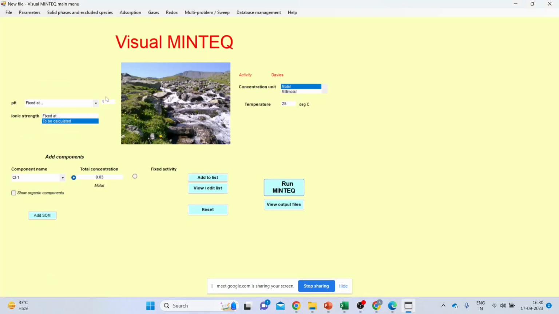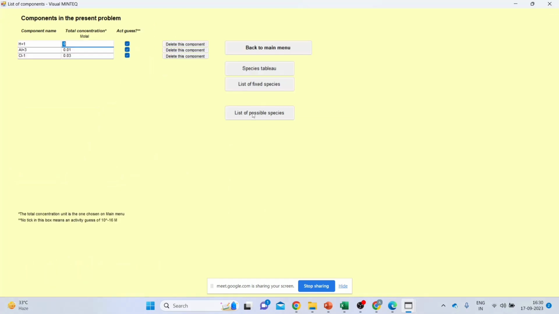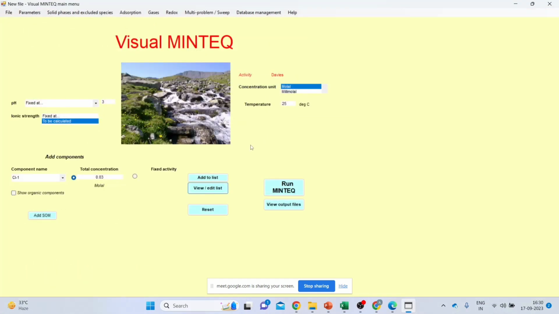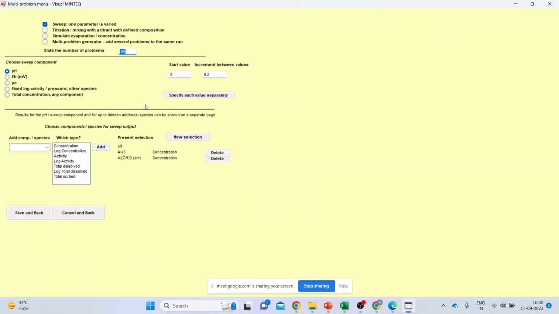So let's fix the pH at 3, because first we have to find out at 3, 5 and 11. So at 3, let's remove all these.